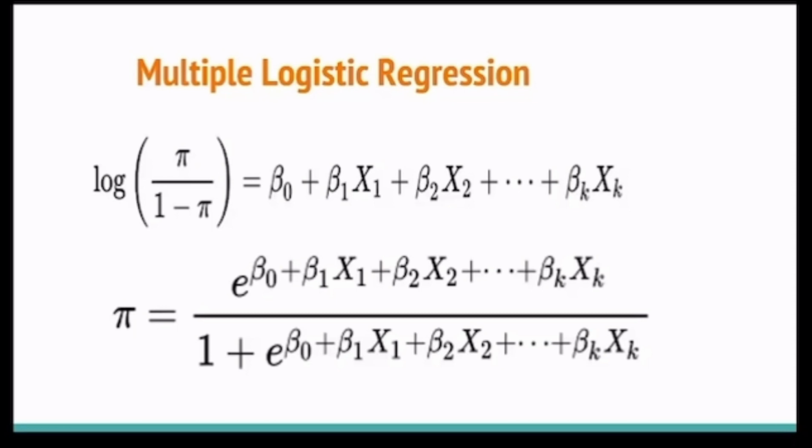That is the logit form of the multiple logistic regression model, where you're going to see that we keep on adding beta 2 x2, beta 3 x3, and so on. And in a probability form, you're going to have the second model, giving us pi equal to that. Any question? Do you understand the specification, right?